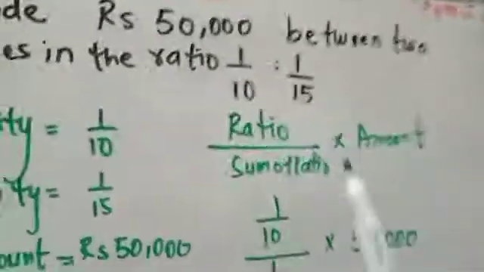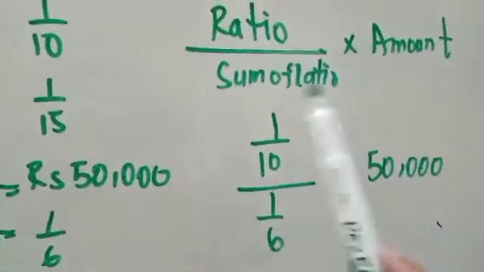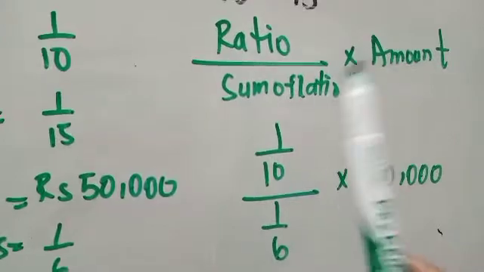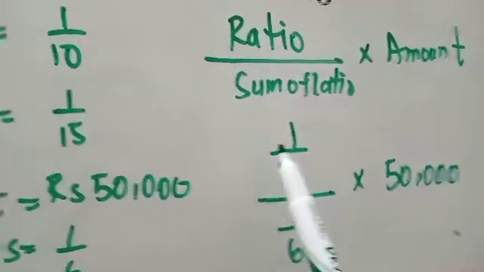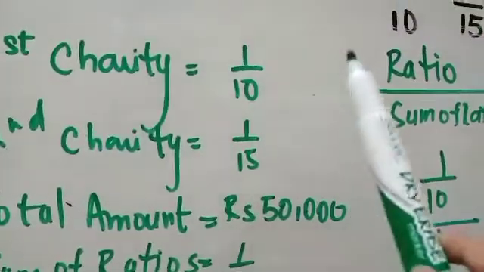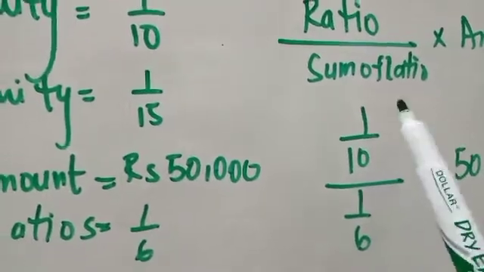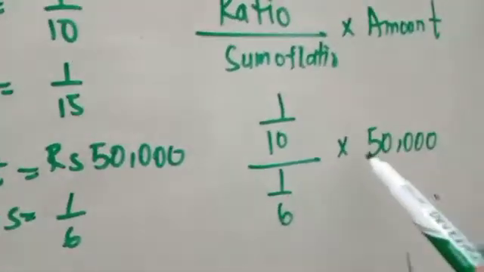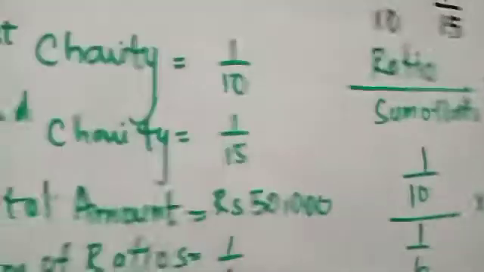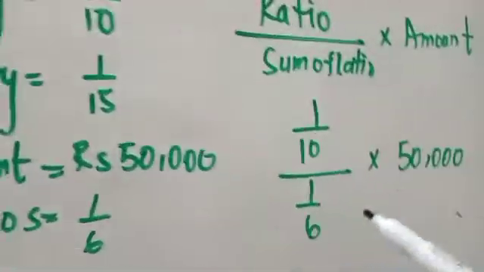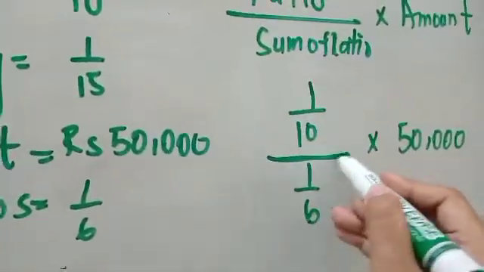Okay, so you remember the formula which we have already done in exercise 6b: ratio upon sum of ratio multiplied by amount. So the first charity ratio was 1/10, which I have written over here. The sum of ratio I found myself, and then 50,000 is the total amount, which is again in the data. Now 1/10, this is the longer divide.